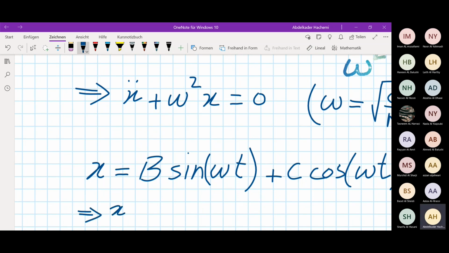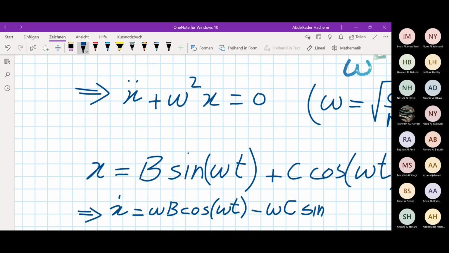Then we have x dot, which is equal to omega b cosine omega t minus omega c sine omega t.